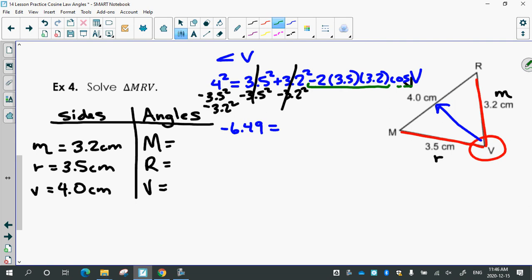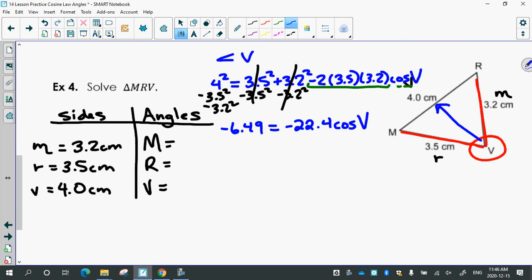So negative 2, don't drop the negative, the common mistake. And that gives you negative 22.4 times the cos of angle B. And now you've just made that pretty complicated looking equation look much easier, okay, by doing that.